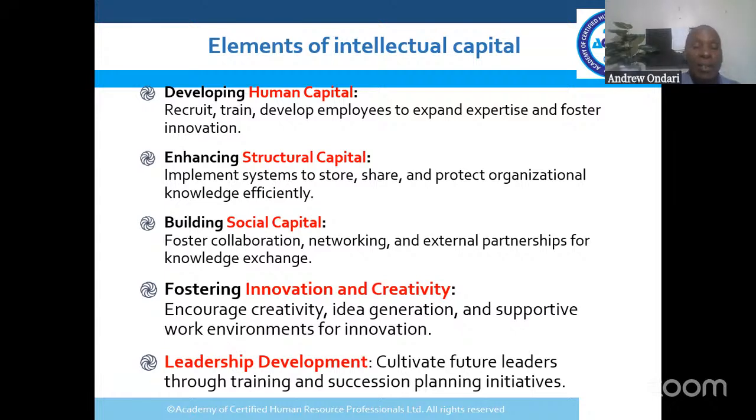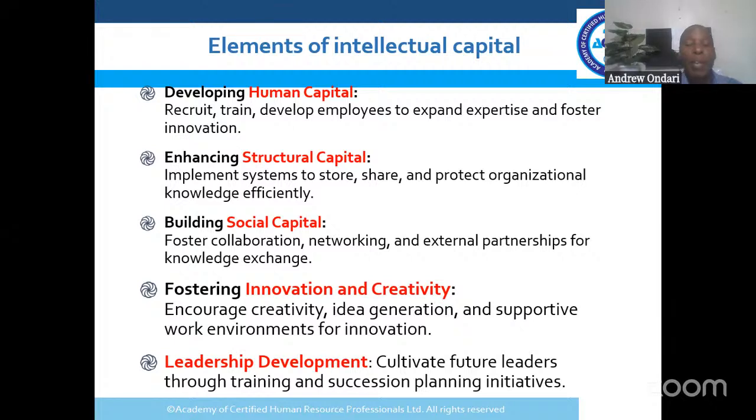The other aspect of intellectual capital is innovation and creativity. Earlier on in number 2, we talked about talent management, and we said that when we attract talent, we must attract those who are innovative and creative.